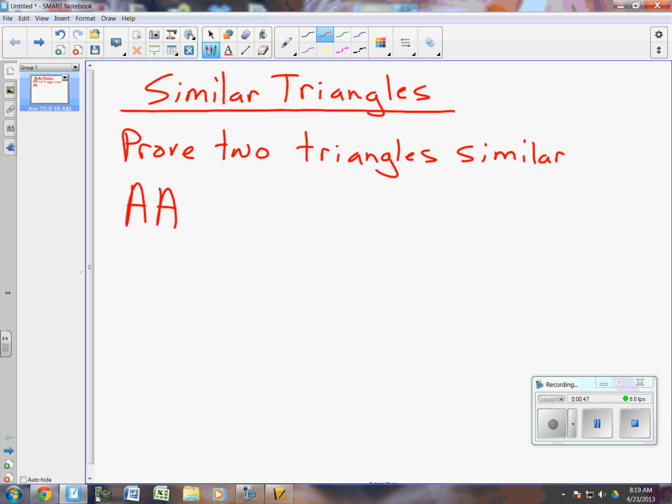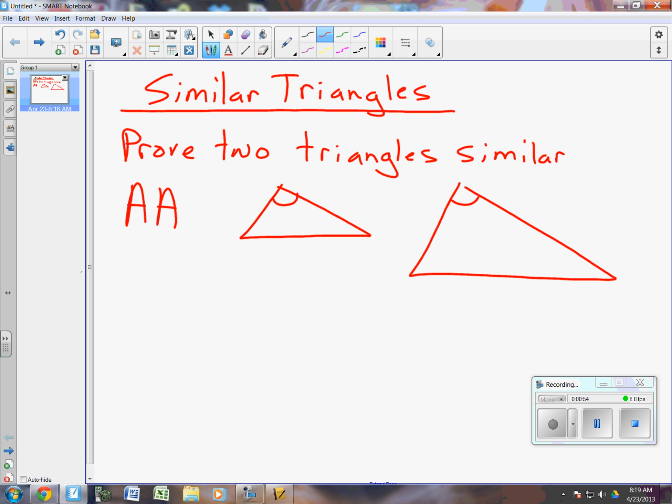What we learned is if you have two angles in one triangle congruent to two angles in another triangle, that is enough to say that those two triangles are similar. So we would say that these two triangles are similar by the AA similarity postulate because they have two angles congruent to two angles.